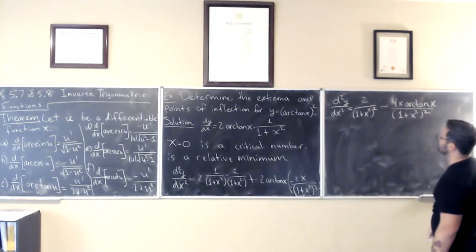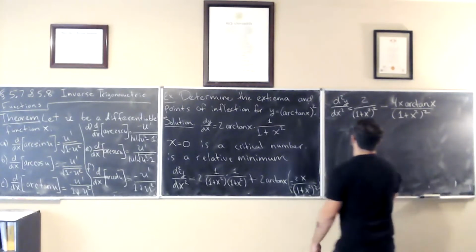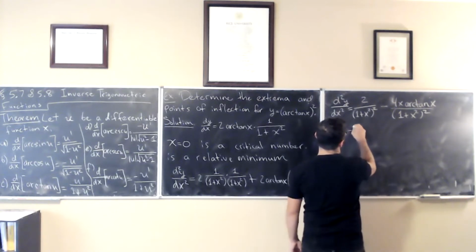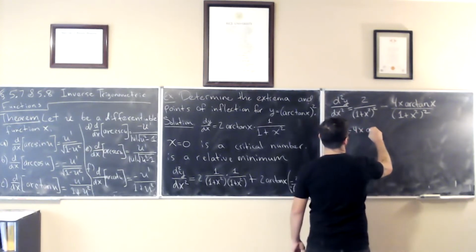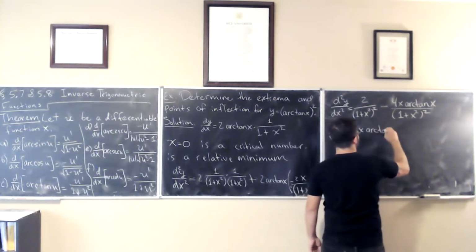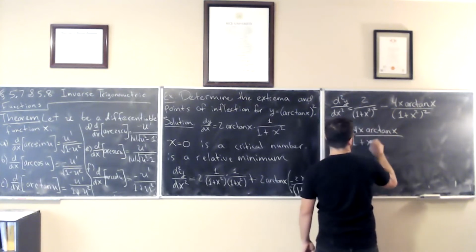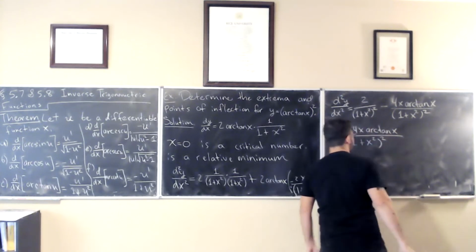Oh, they have a common denominator. That's nice. So then this would be 2 minus 4x arctan x all over 1 plus x squared all squared.